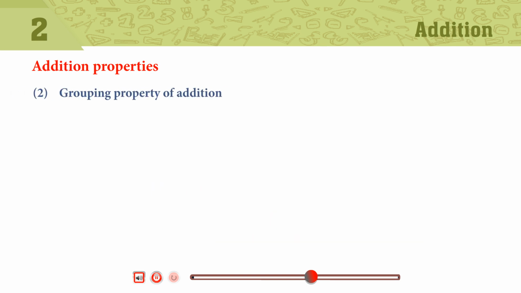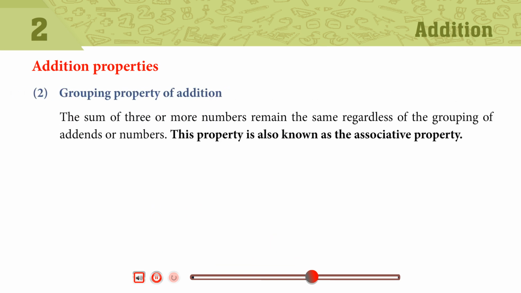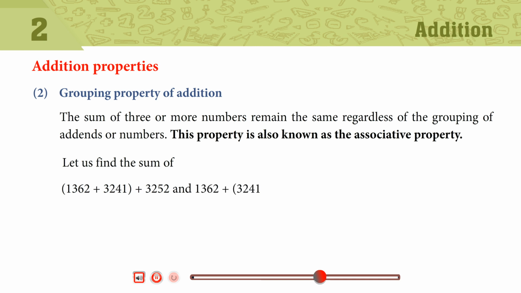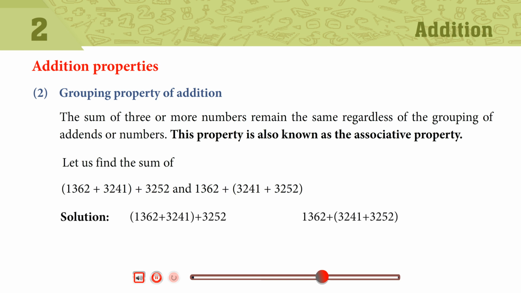2. Grouping property of addition. The sum of three or more numbers remains the same regardless of the grouping of addends or numbers. This property is also known as the associative property. Let us find the sum of (1,362 plus 3,241) plus 3,252 and 1,362 plus (3,241 plus 3,252). Solution.